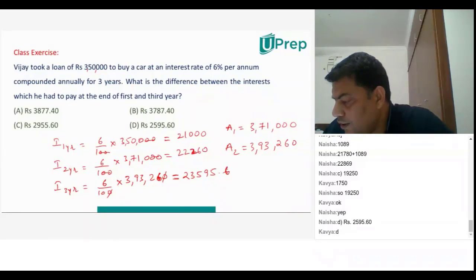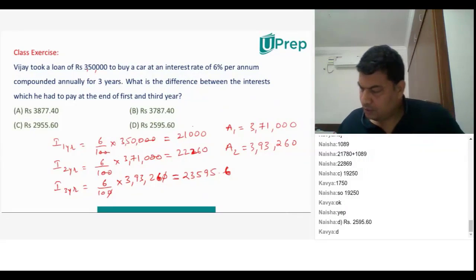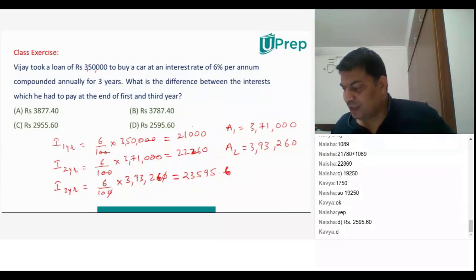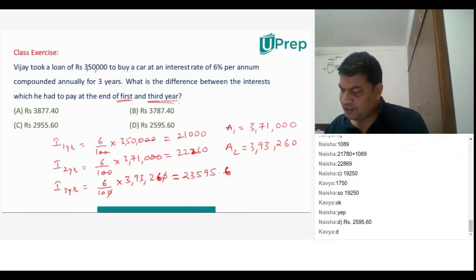Okay. So that you just subtracted from these two. Is it 23,000? Yes, sir. So what is the difference? What is he asking you? What is the difference between the interest which you had to pay at the end of first and third year? Third year interest is 23,595.